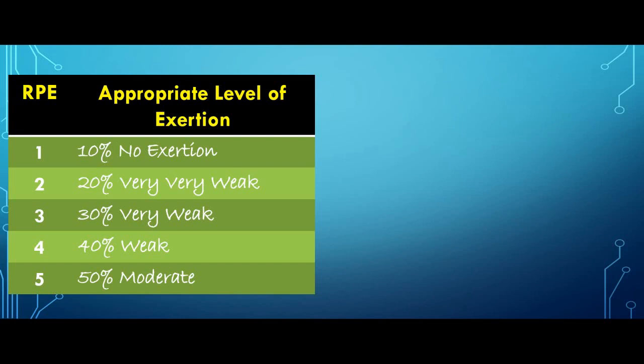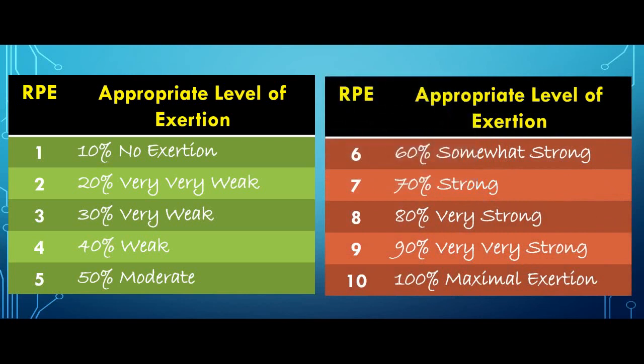Number 5, 50%, and it is moderate. Next is number 6, which is 60% and it is somewhat strong. 7, 70%, or strong. 8, 80%, which is very strong. Number 9, 90%, and it is very, very strong. And the last one, number 10, which is 100%, and it is maximal exertion.